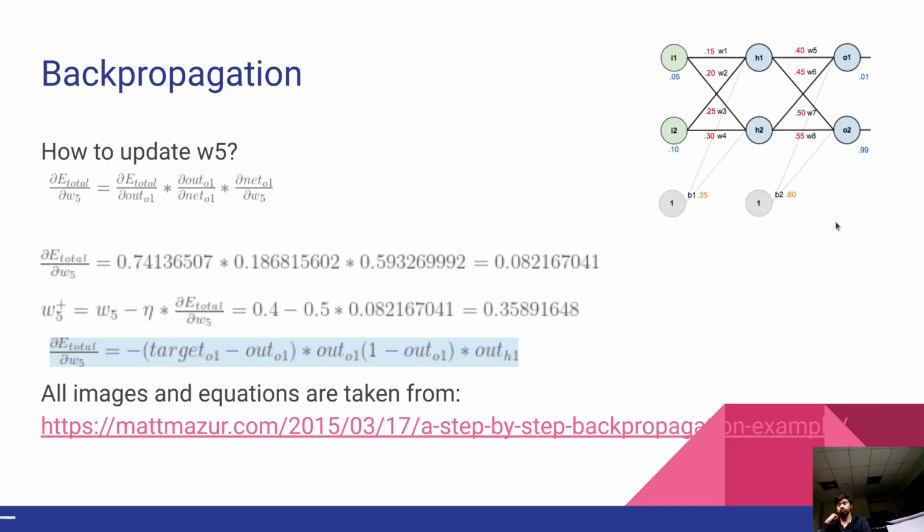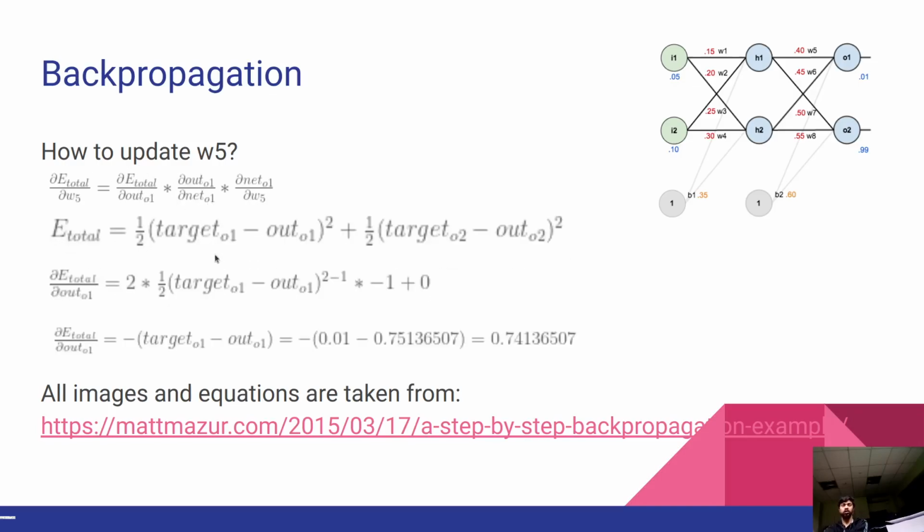Where did this minus of target O1 minus out O1 into out O1 into minus out O1 come from? What is the basis for that equation which you have highlighted in blue color? There are three parts here, and we have calculated all three parts differently.